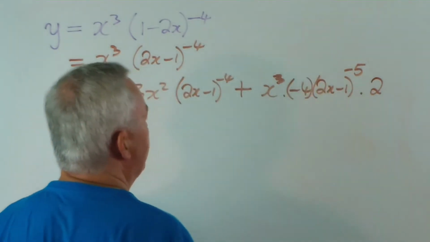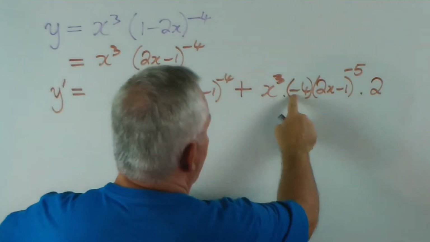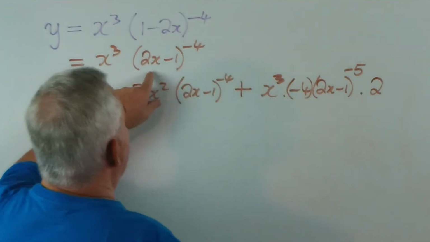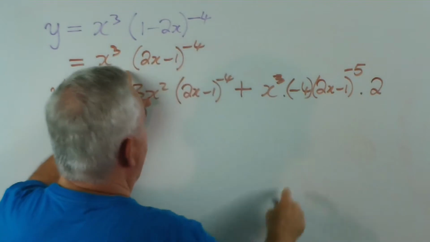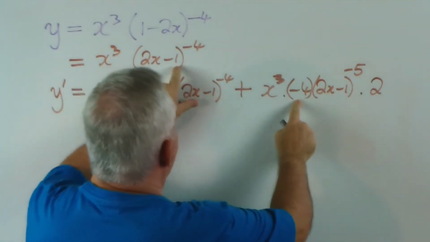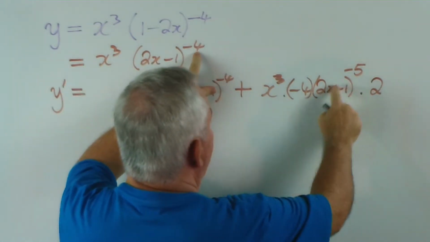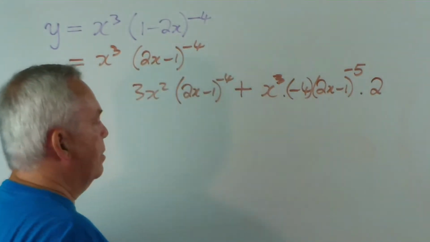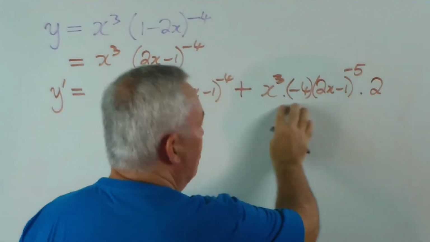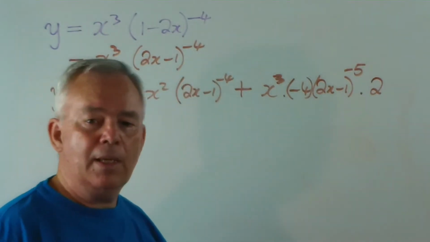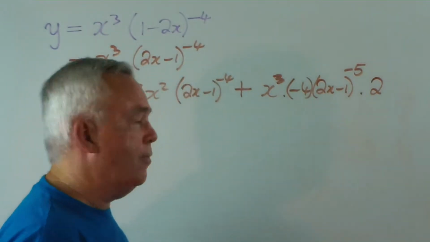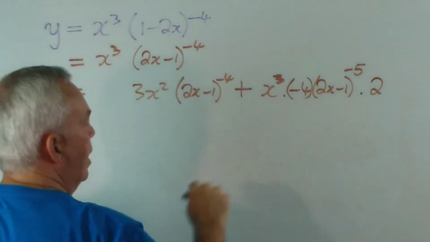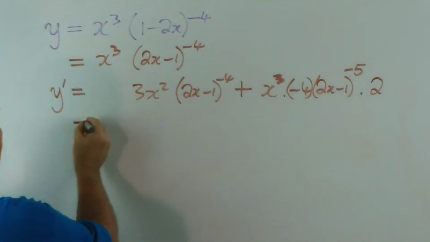Probably should put that in parentheses, because it's got a negative sign with it. So when we do the chain rule here, the negative 4 comes down, leave this alone and reduce that by 1. So there it is. Multiply by the derivative of what's inside. Again, that's my method of doing the chain rule, and I invite you to go and watch that video if you'd like to see how to do it without using substitution.